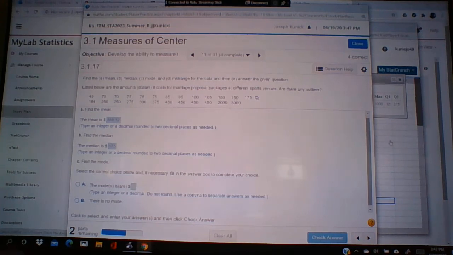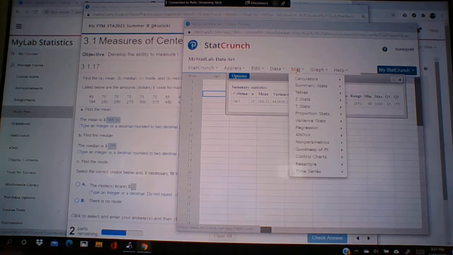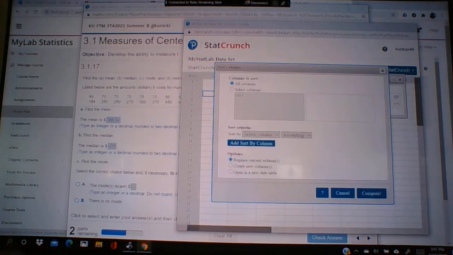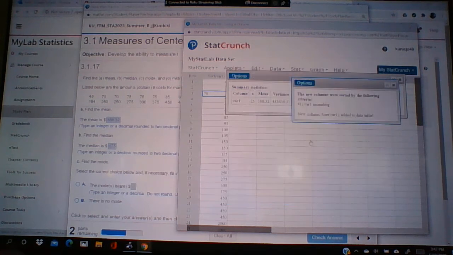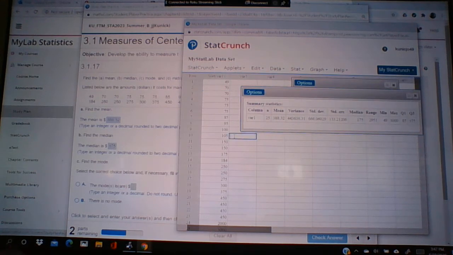So the easiest way to do that is to go back to the data set, go to data, sort, select column, variable 1, sort by variable 1, and create a new column, which will be variable 2. So now, when I look at column 2, I see which number appears the most often.